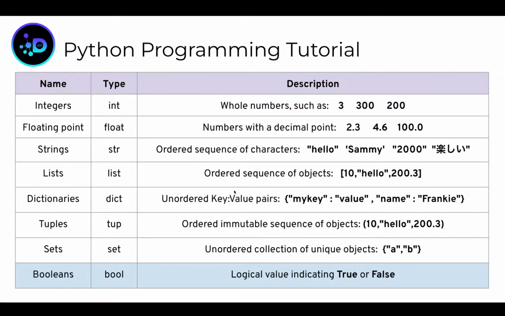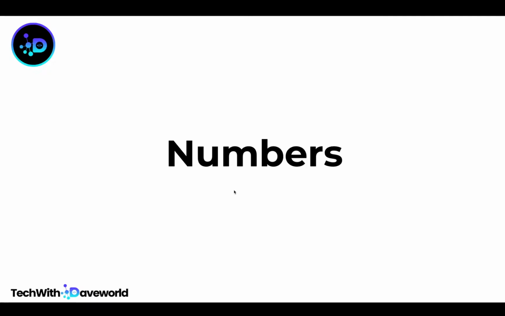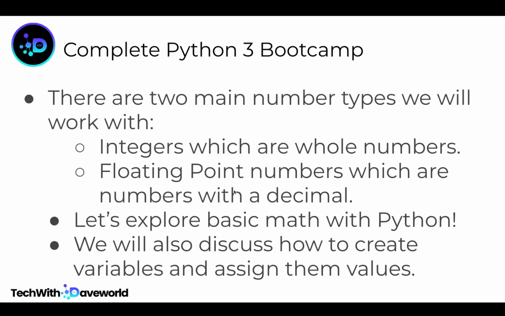All right, so now that we've seen the overview of all these data types, let's go ahead and explore numbers. So what are numbers? There are two main number types we are going to work with, right? These are the two major popular number types used in the Python programming language.